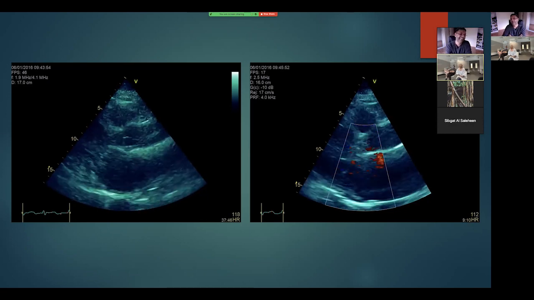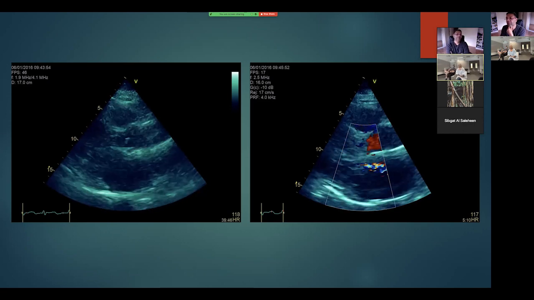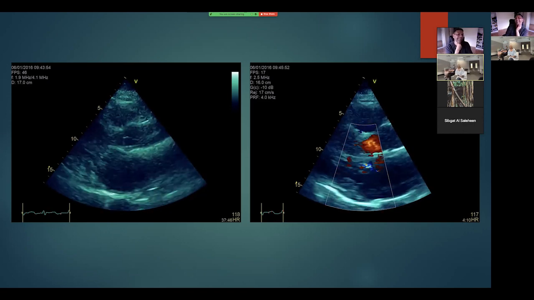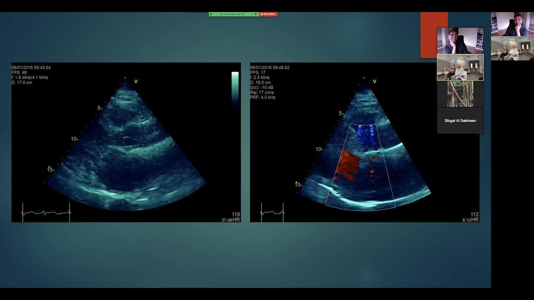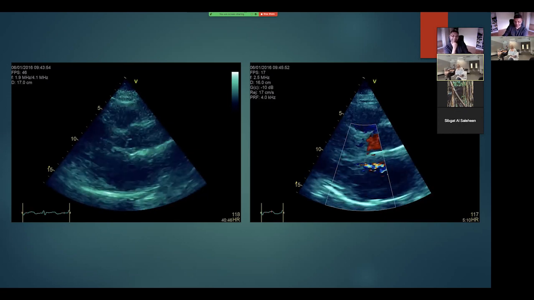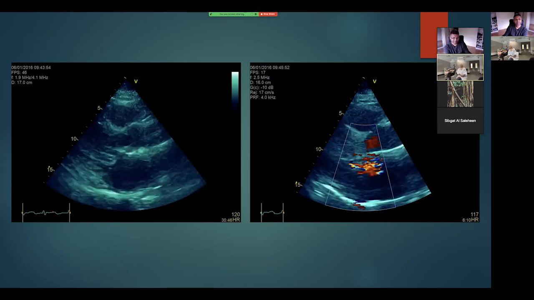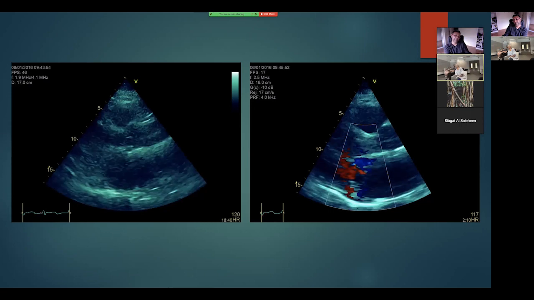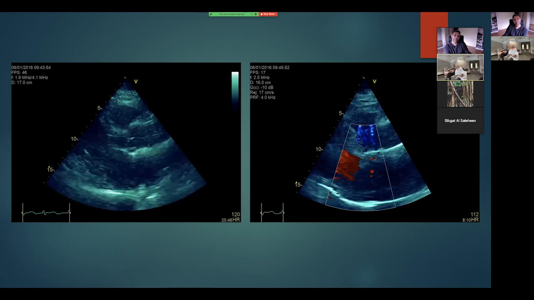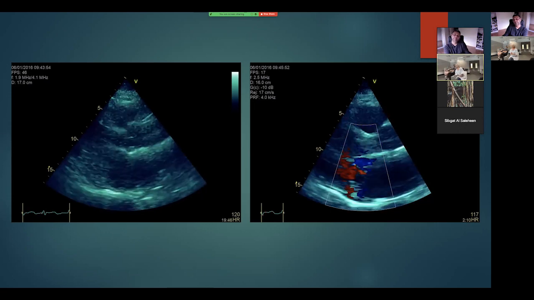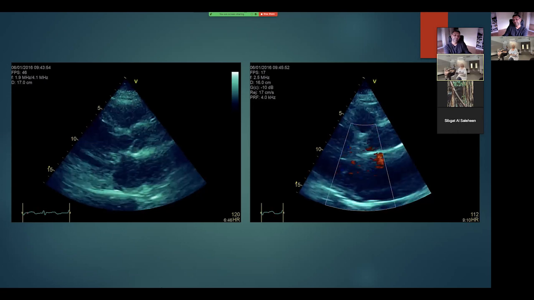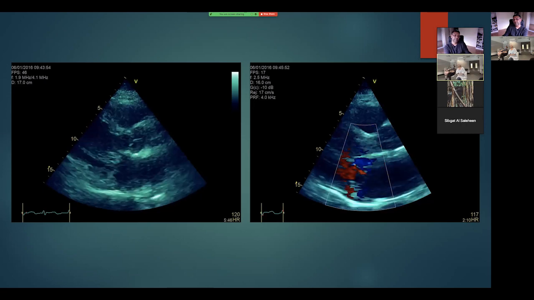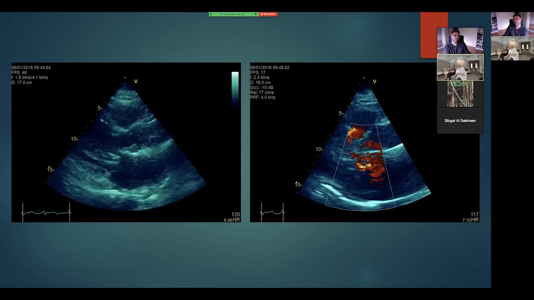Because there's mitral regurgitation. I find it hard to tell whether it's actually directed posteriorly.